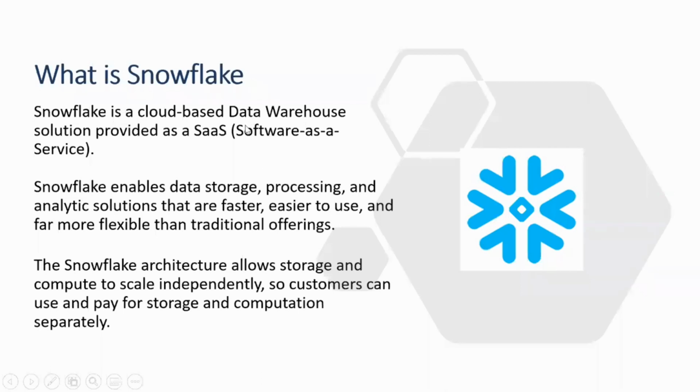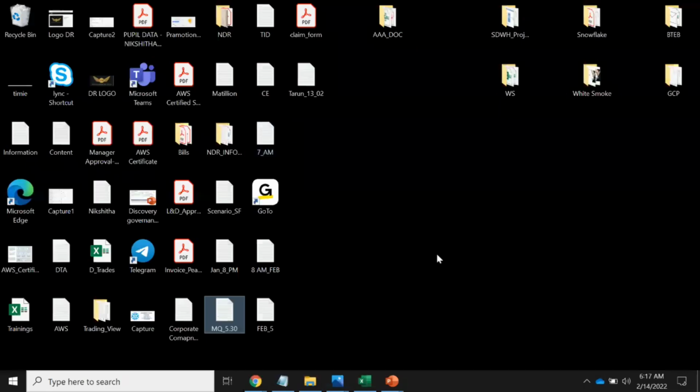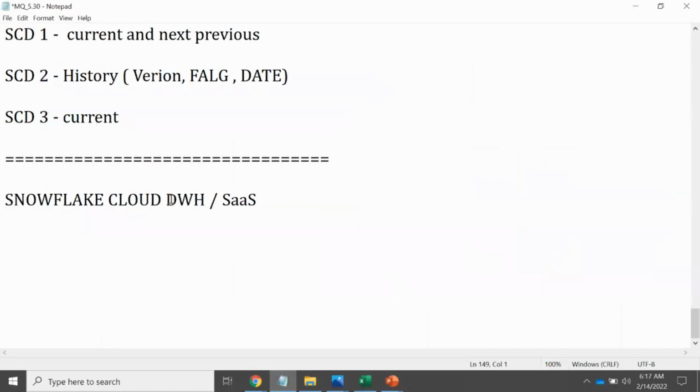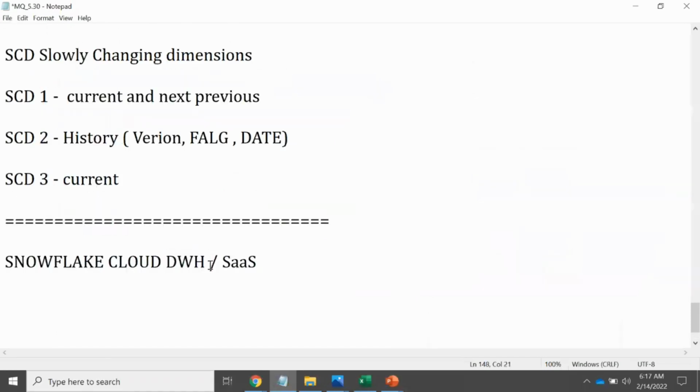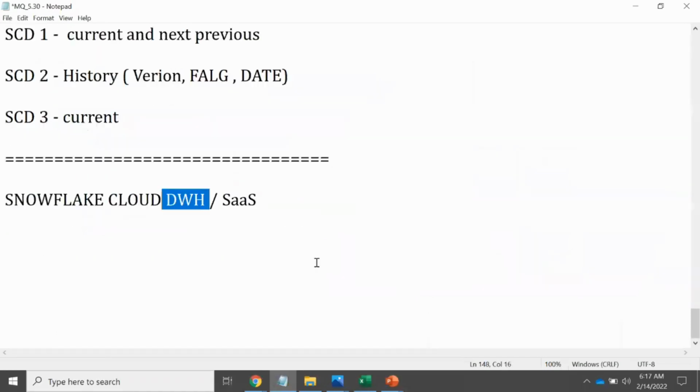Then it will be very easy to understand what exactly Snowflake is and why you are coming to Snowflake. We will discuss each and every point. We know what data warehousing is. The main purpose of data warehousing is analysis. Without a data warehouse, we cannot analyze; it is not possible.